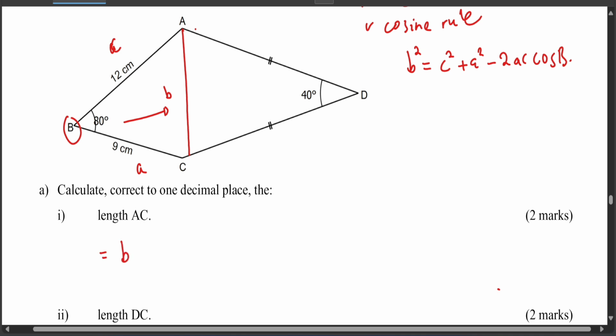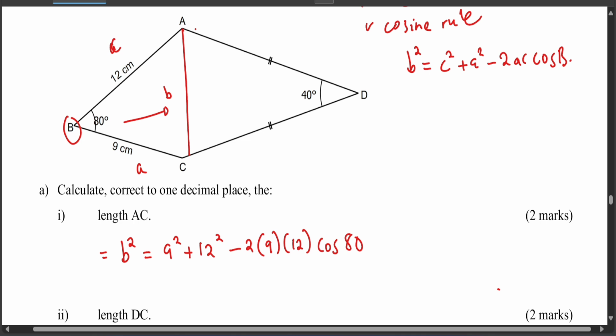So we don't know our b, so b squared equals 9 squared plus 12 squared minus 2 times 9 times 12 times cos of 80. Vile unavyoona, iweke tu kwenye calculator yako.